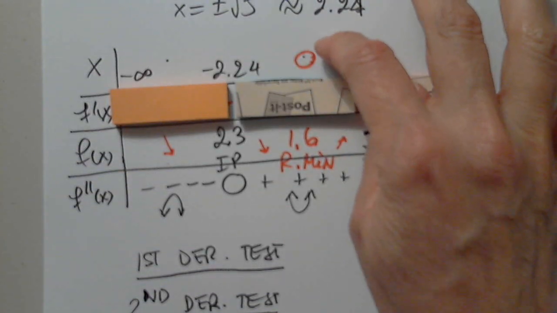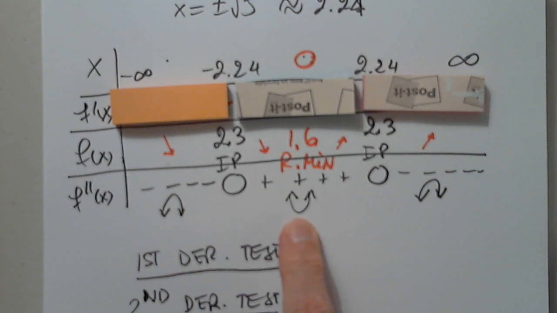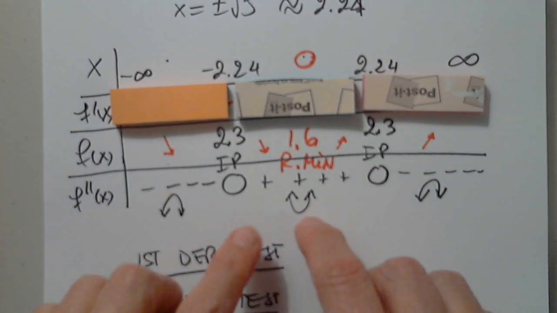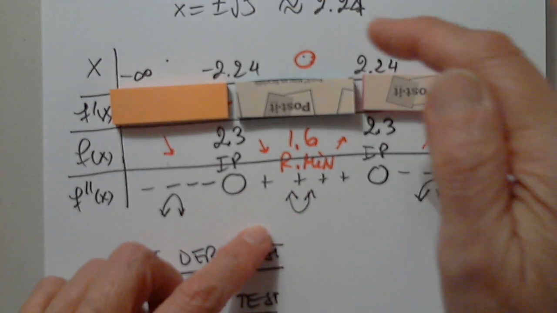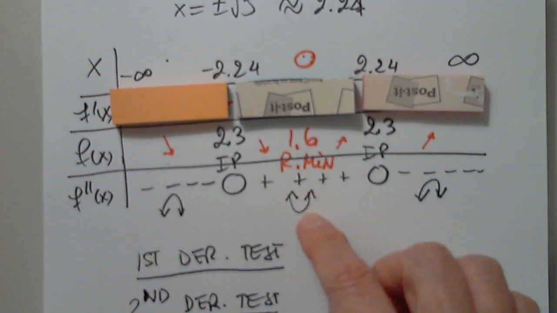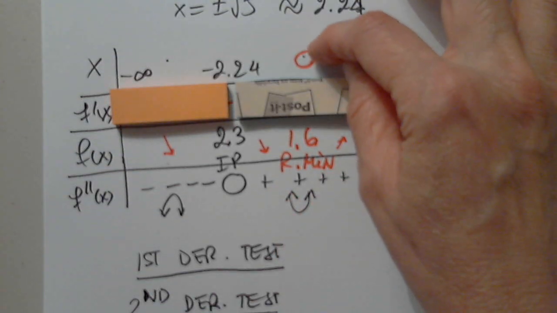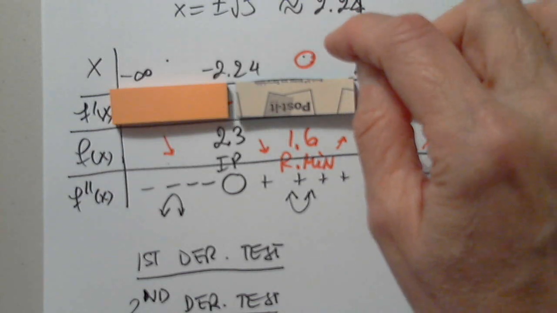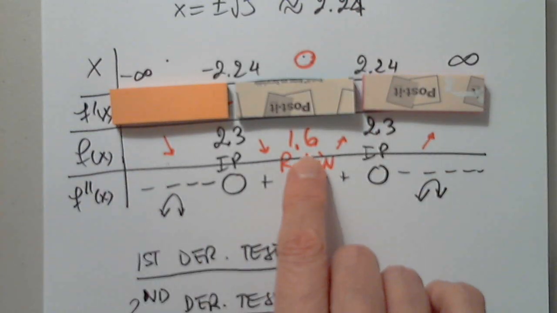But if the function has a critical number, and the second derivative tells us that the function opens up, what type of point can 0, 1.6 be? What can it be? If the function opens this way, and the first derivative is 0 at 0, and the y value is 1.6.